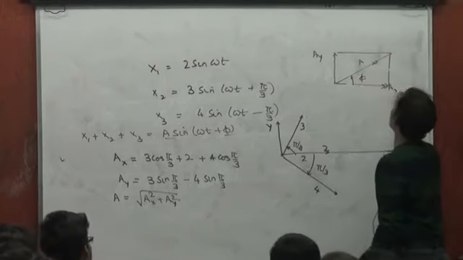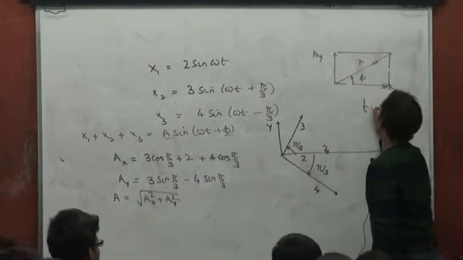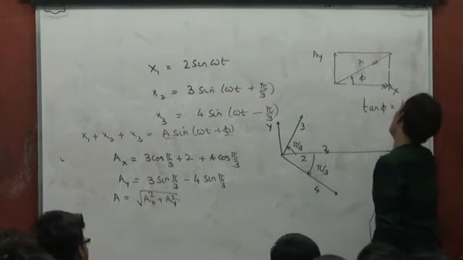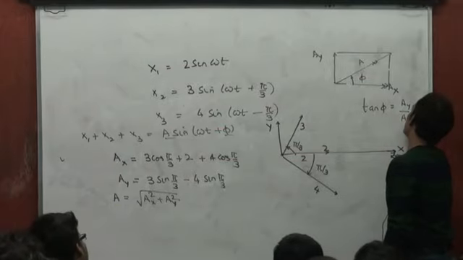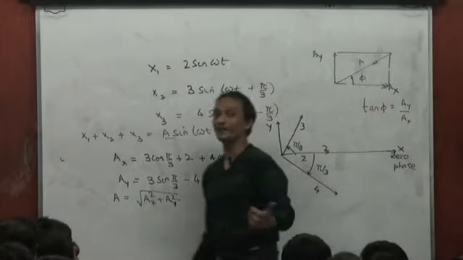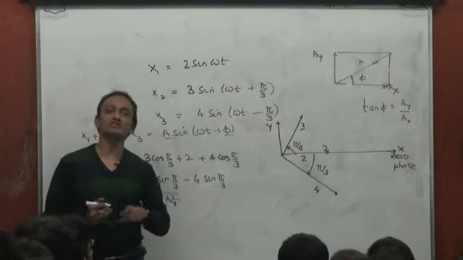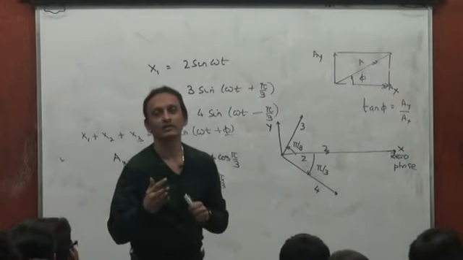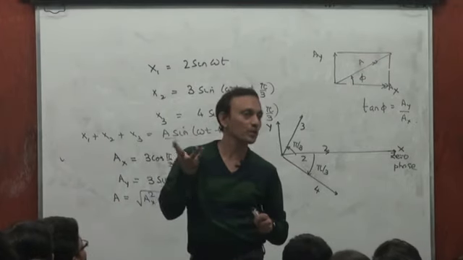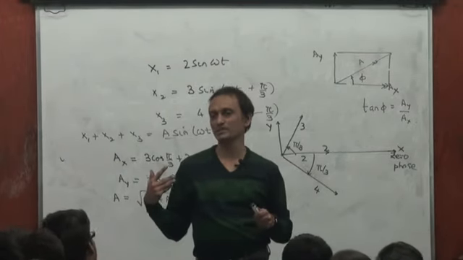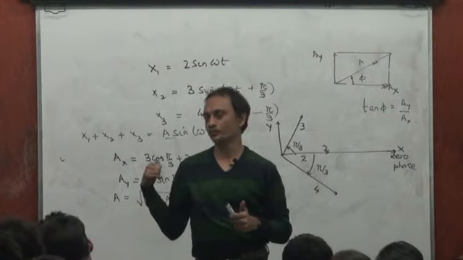Do you realize that this angle would be phi, where tan phi would be ay by ax? So phi would be known, a is known. In my first sheet, you would have seen a couple of problems based on this phasor representation. So this is what you do.